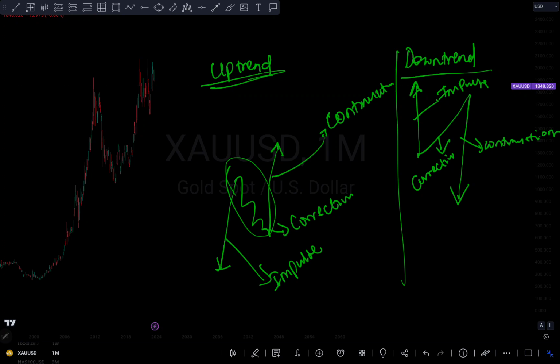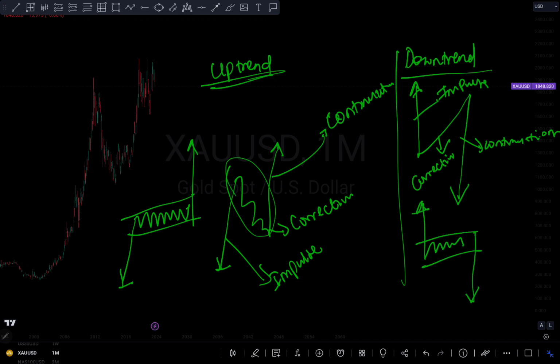It doesn't have to be like this. Sometimes an uptrend can be an impulse, then the correction is more of a sideways move before we continue to push to the upside, and a downtrend is an impulse, a correction, then continues to push to the downside like this. So this is how trends work.